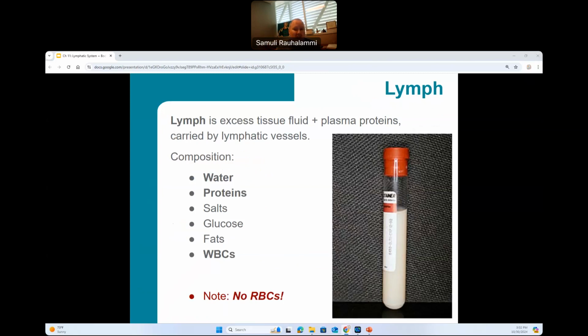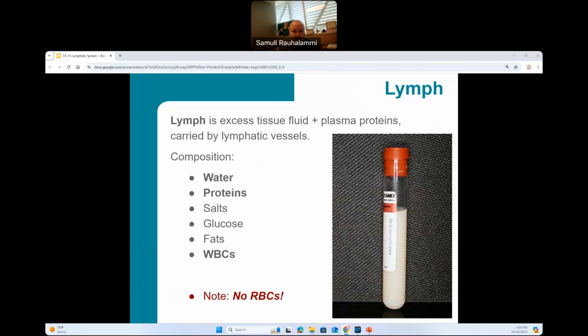So all of these share nearly the same composition, but they're named differently based on the location at which we're seeing this liquid. But the difference is that we also see within the lymph white blood cells, and we see them in quite a numerous amount.